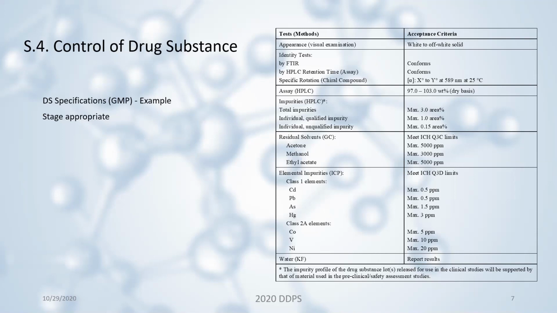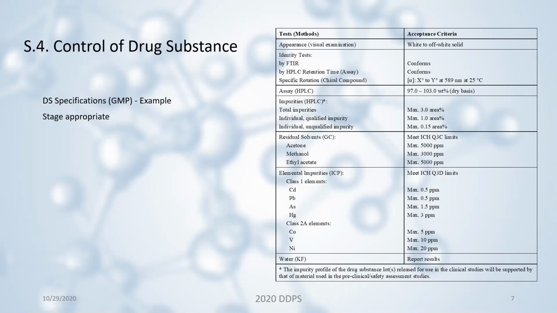It's not really a QC-friendly test, so not necessarily in your specification. If you have a chiral compound, you can have optical rotation or specific rotation here. Assay could be by titration, could be qNMR, but typically it's assay by HPLC.